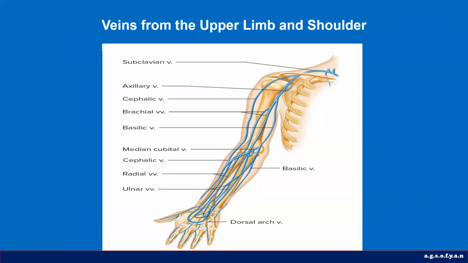So all those veins will combine into the subclavian vein that at the end will enter into the brachiocephalic vein. Okay, so coming from the inside and outside part. This is the cephalic vein, and the inside is the axillary vein.